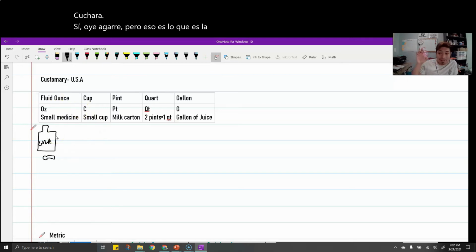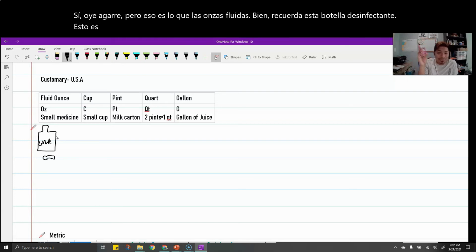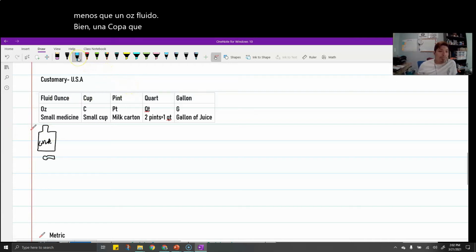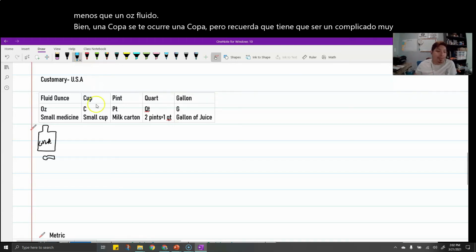Remember the sanitizer bottle? This is exactly 1 fluid ounce, okay? You don't take this much medicine, it's less than even a fluid ounce, okay? So think of that, right? A cup, you can think of a cup, but remember, it has to be a very specific cup. It has to say 1 cup on there, okay?